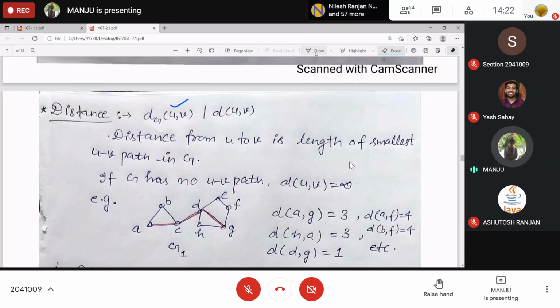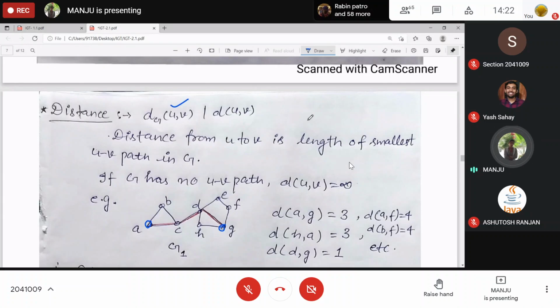For example, here, A to G, many paths exist, right? A, B, C, D, E, F, G, then A, B, D, H, G, A, C, D, H, G, A, C, D, G. But the smallest one we will pick up, and that gives you the distance.